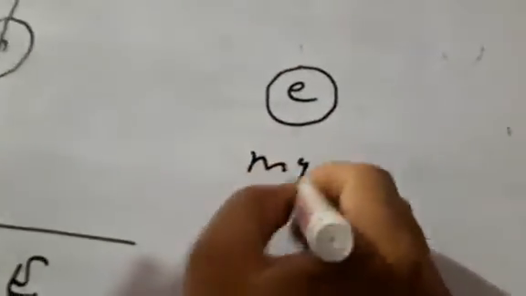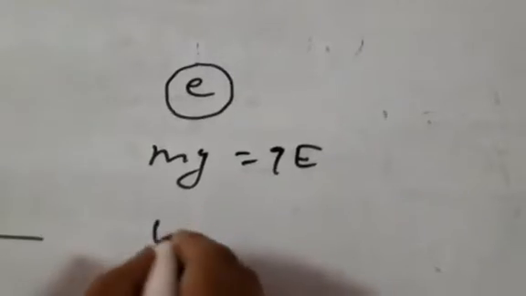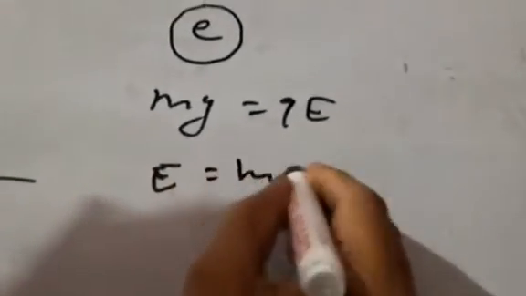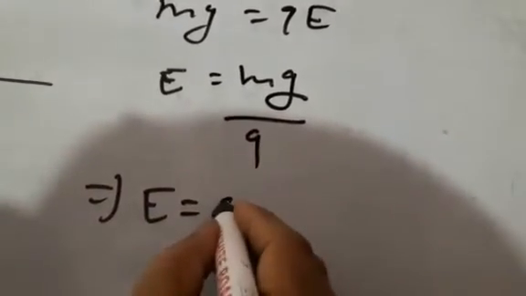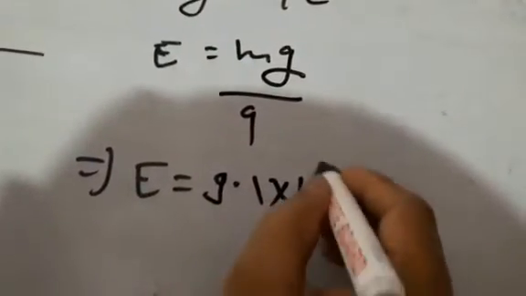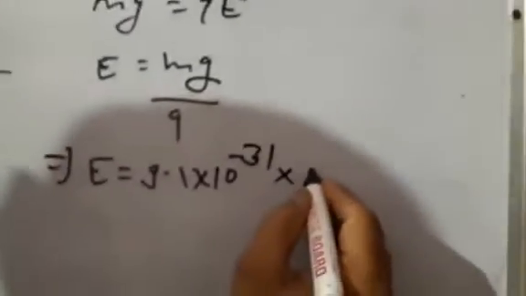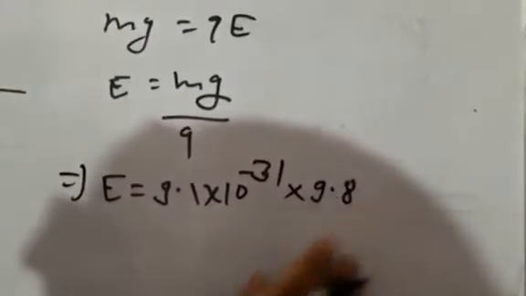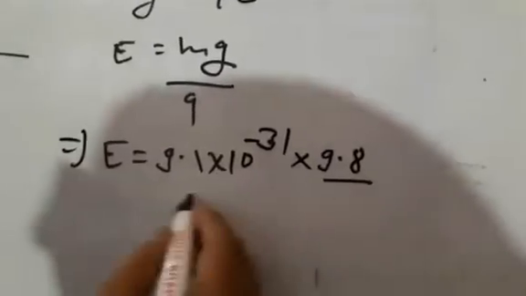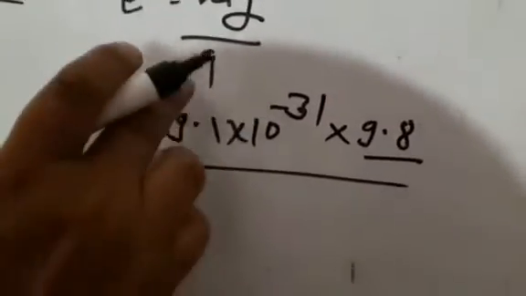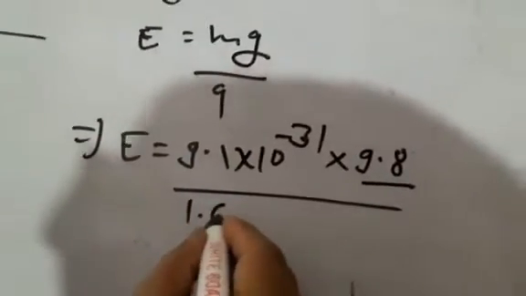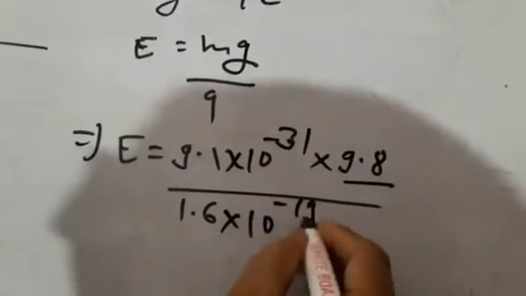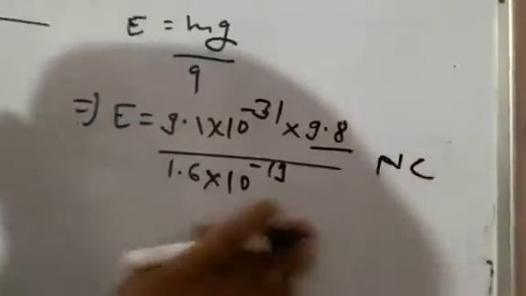That means E equal to mg upon Q. That means E equal to 9.1 into 10 to power minus 31, which is mass of electron, and acceleration due to gravity 9.8 or approx 10, upon Q. Q means charge of an electron 1.6 into 10 to power minus 19, Newton per coulomb.